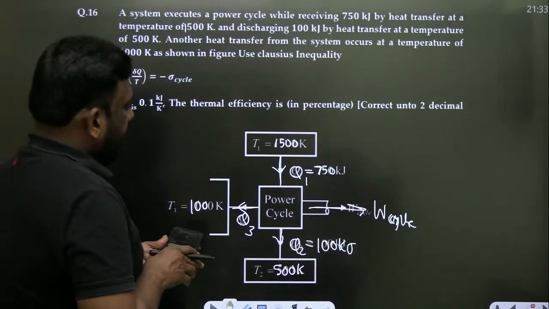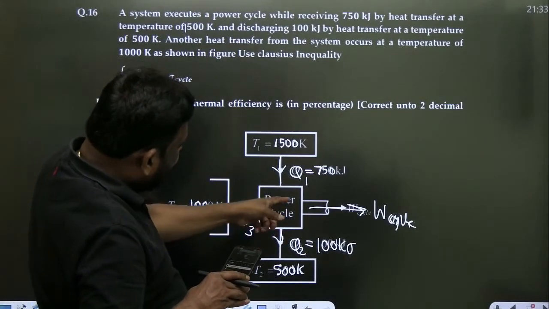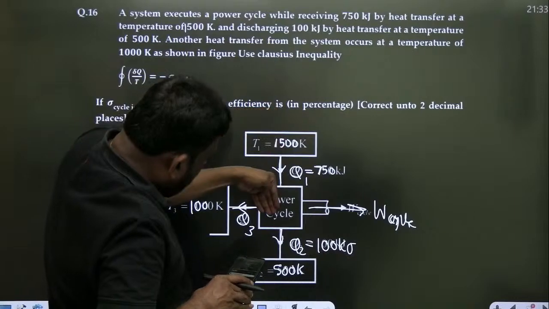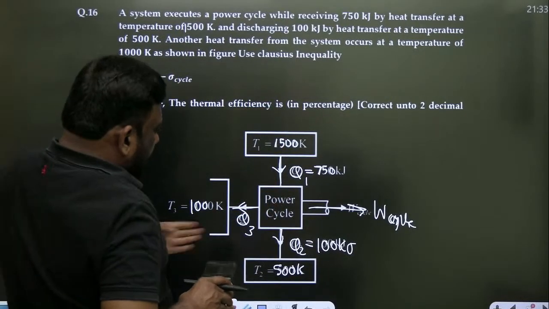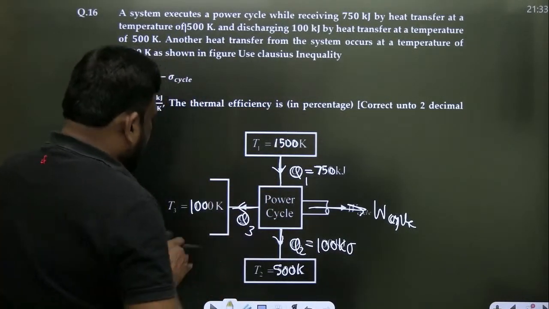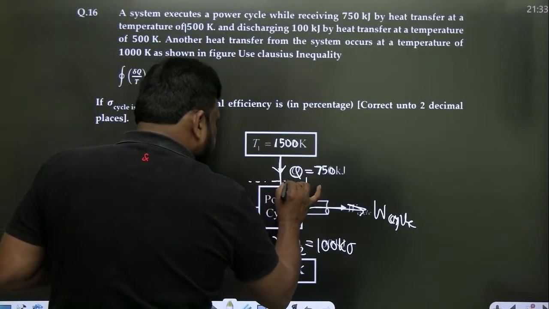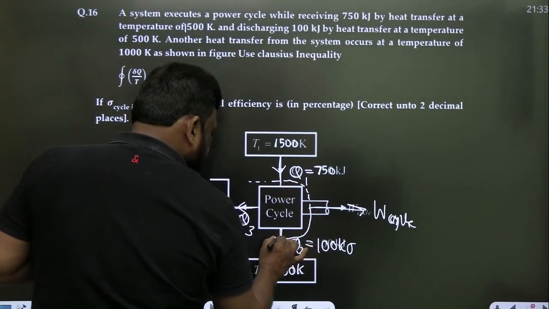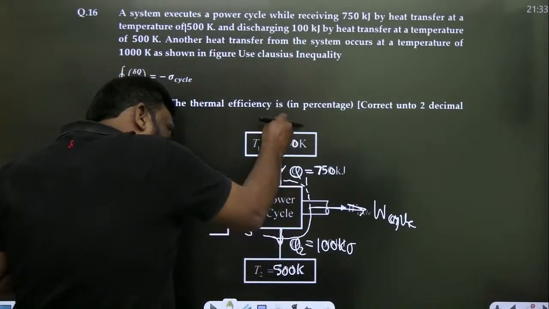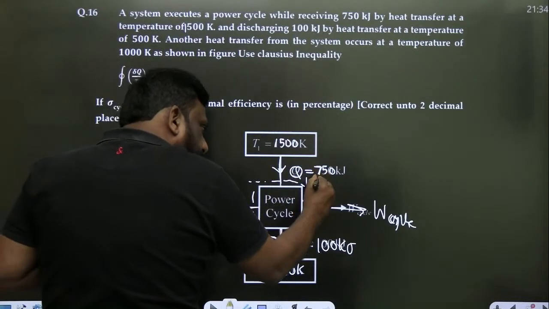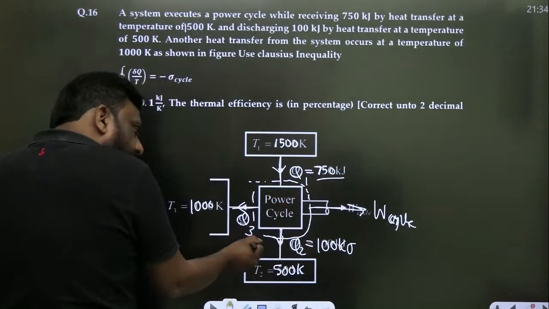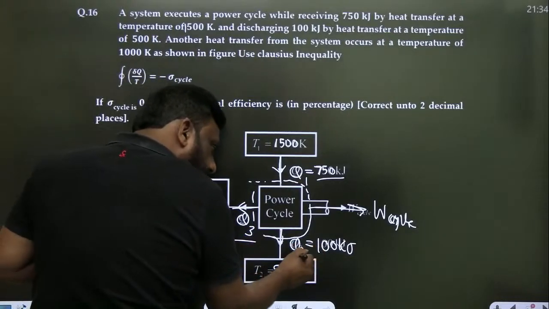Please listen carefully. This power cycle is receiving only from one. This is going out, this is going out. If you take the power cycle as our system, it is receiving 750. It is rejecting Q3. It is rejecting Q2.